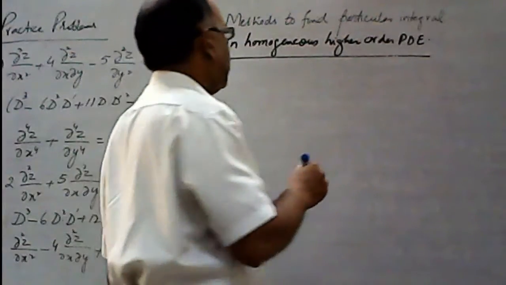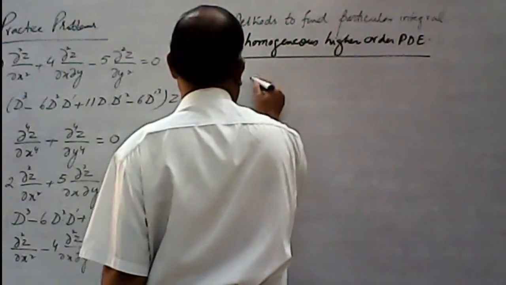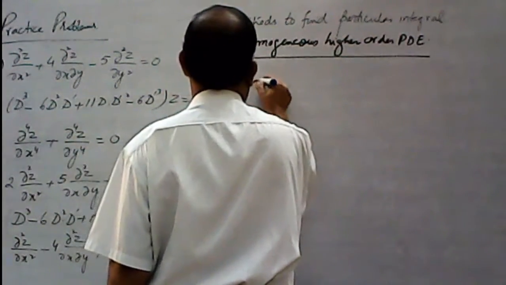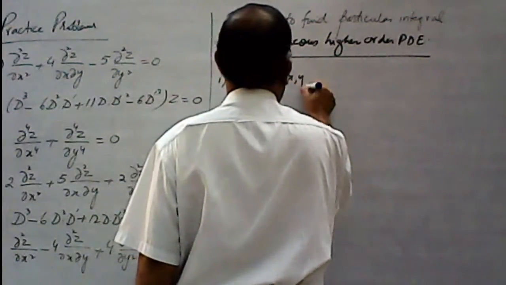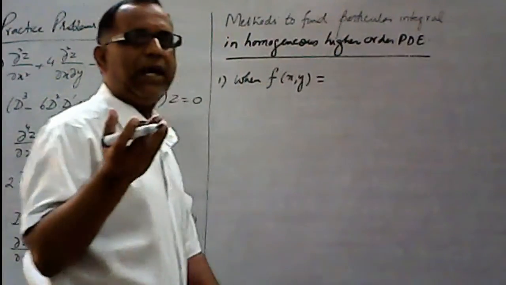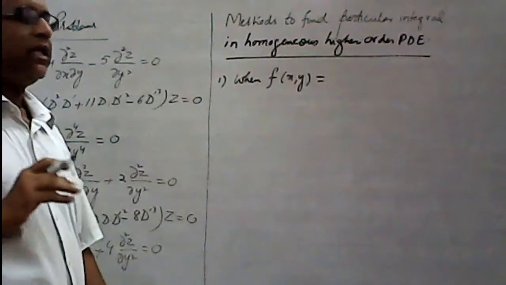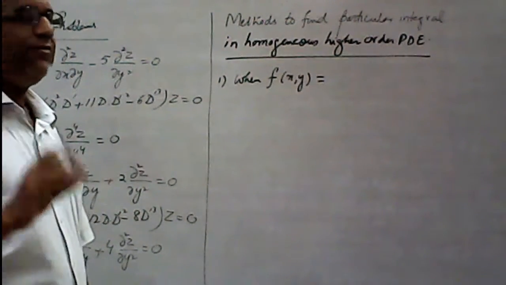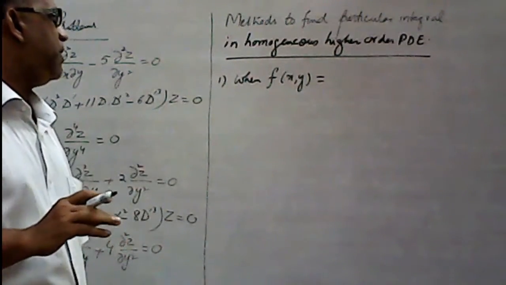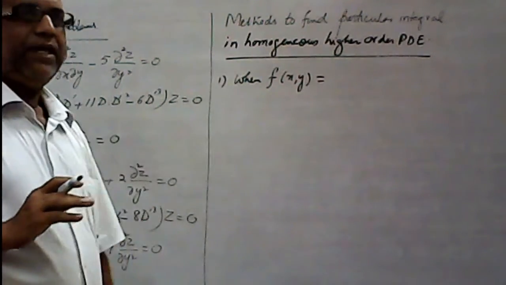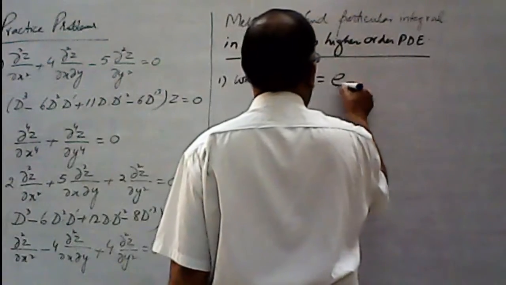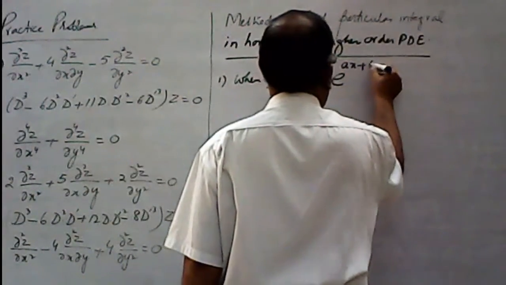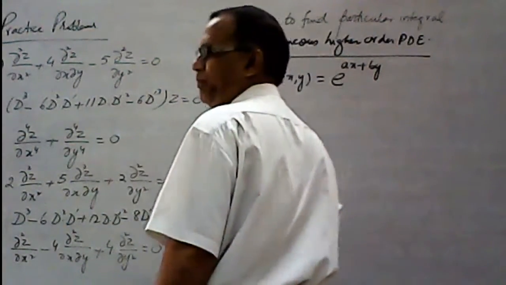So method 1 relates to when the function f(x,y), the right hand side of the standard form of the higher order homogeneous PDE, is equal to the exponential e power ax plus by.